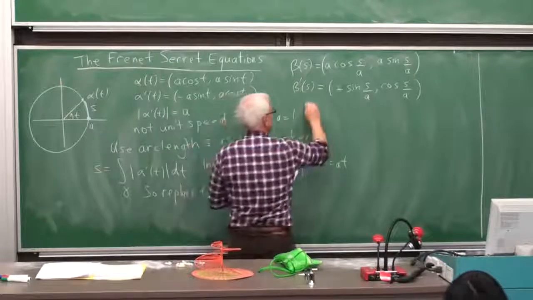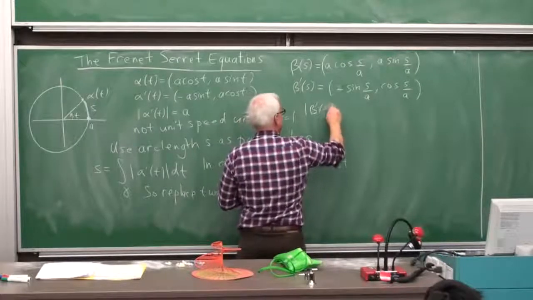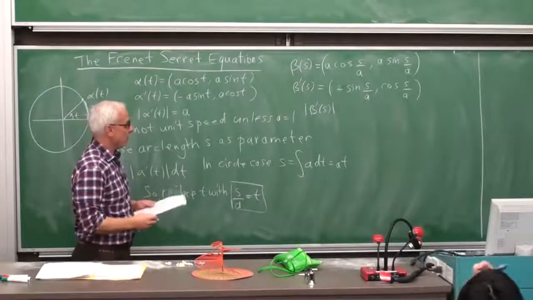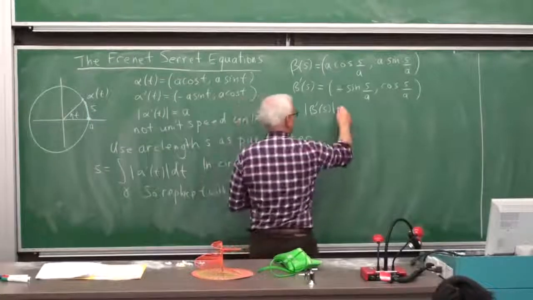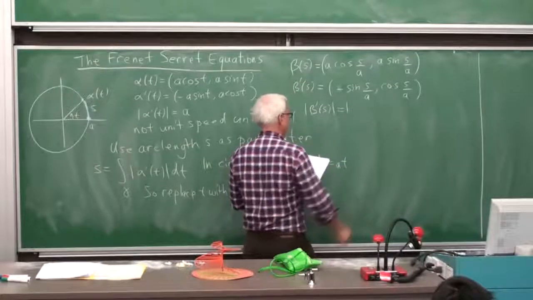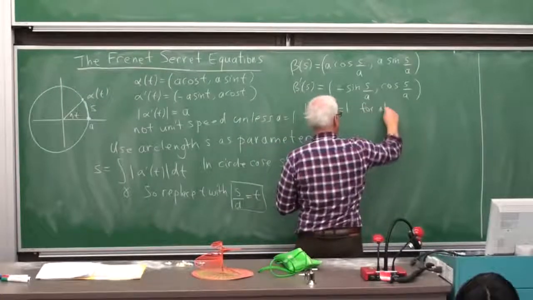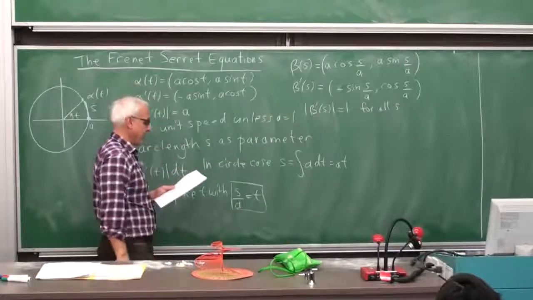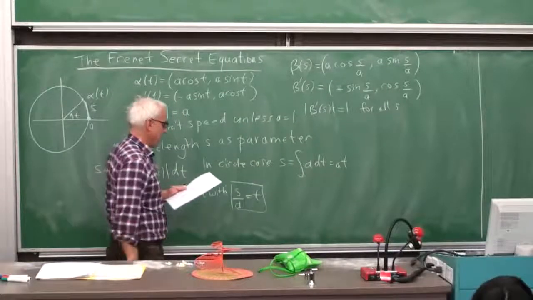And then we can check that the length of the derivative, beta prime of s, is indeed 1 for all s. So this is indeed a unit speed curve. Its velocity has length 1 at all times.